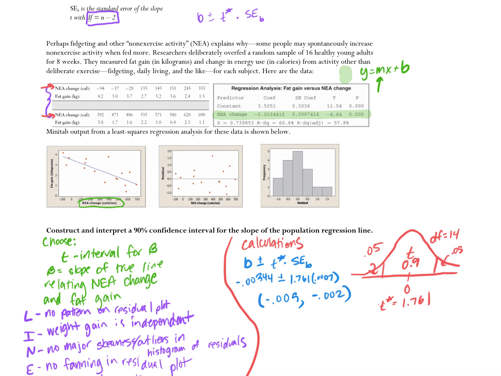So you put in the 0.05, and then your degrees of freedom should have been 14. You got inverse T. Yeah. Okay, thank you. No problem. So, are we good with calculating the interval, y'all?